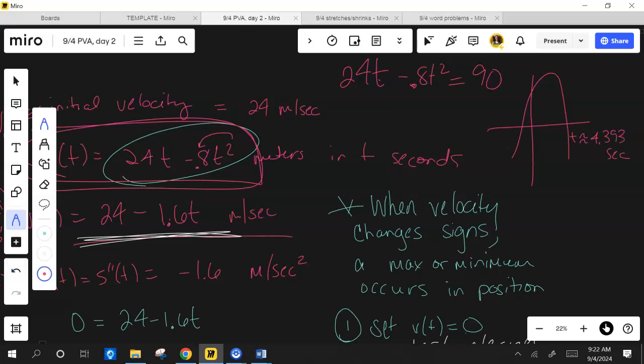For the sake of time, I won't go through it, but it should be an upside down parabola. Because if I graph this minus 0.8 t squared minus 90 equals 0, to solve that for t, that would be where it crosses over, where it equals 0.